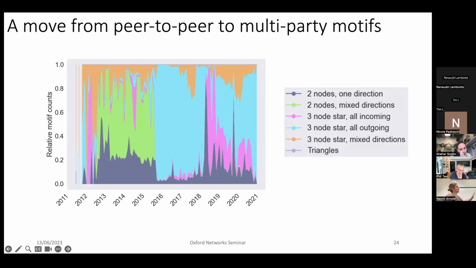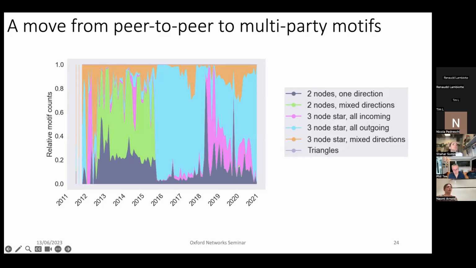And what we see is that right up to early 2016, most of the motifs are dominated by this green and blue, which are all motifs happening on just two nodes, so like pairwise transactions. And then possibly at the time this supernode comes about, this switches to being all these big star, all outgoing motifs.